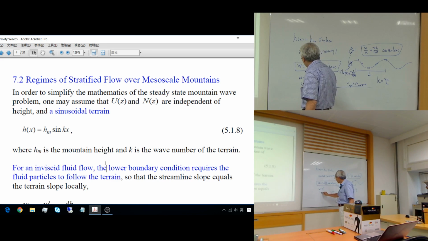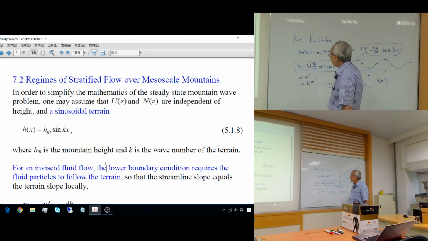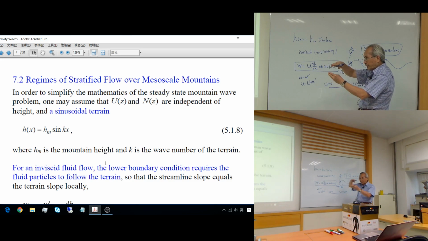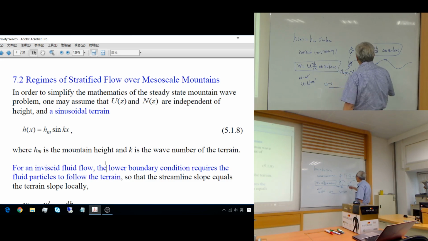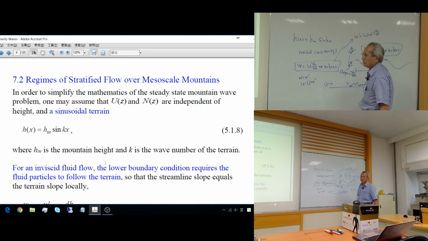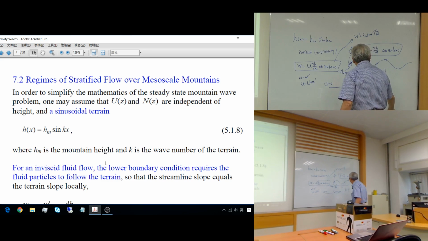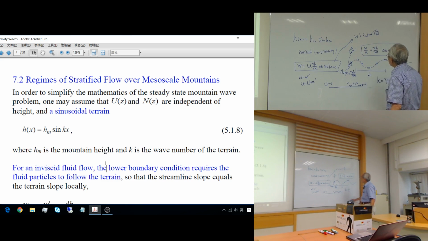W is equal to W prime, and U is equal to capital U plus U prime. Of course we are assuming small amplitude. So now this becomes complicated: W prime equals U plus U prime times dh dx, at z equals h of x.